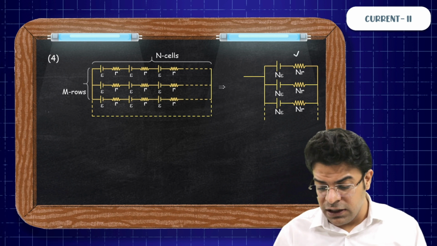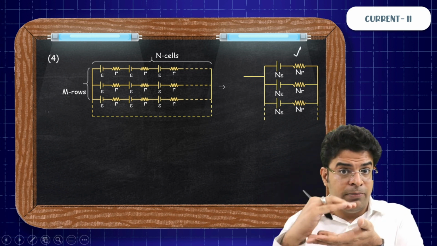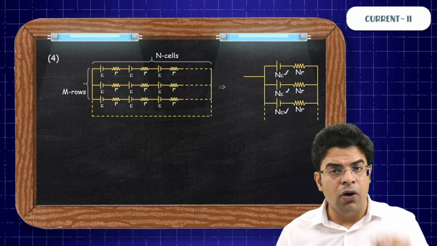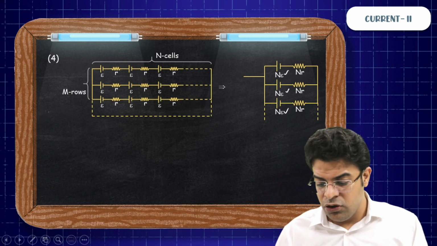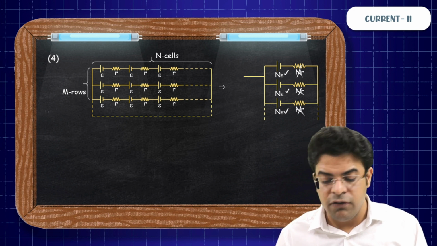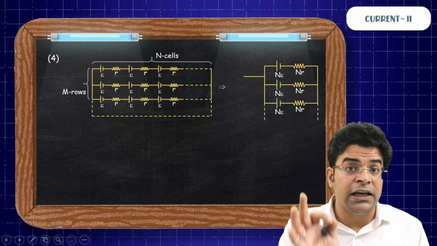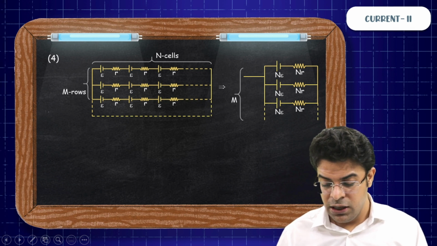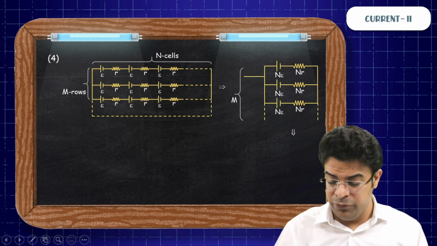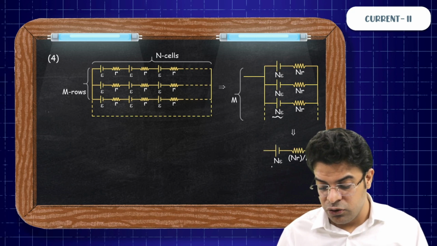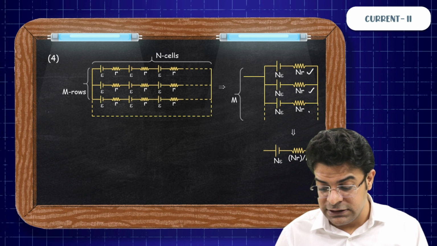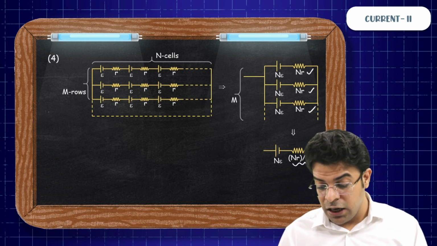Now when I further try to combine all these parallel batteries, we have just learned that if the EMF of all the cells is same, then no matter what is the value of internal resistance, the equivalent EMF comes out to be same. So when you combine all of them into a single cell, then the equivalent EMF comes out to be NE, same as all of them, while the equivalent internal resistance comes out to be NR by M.